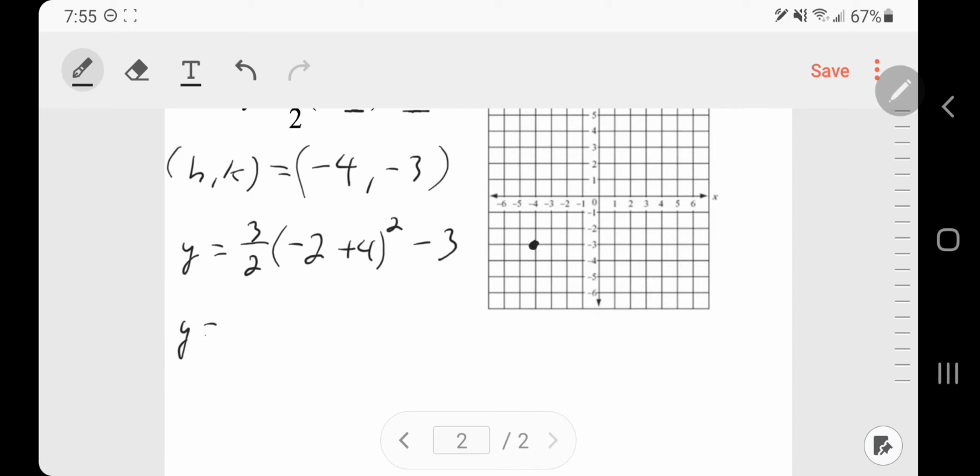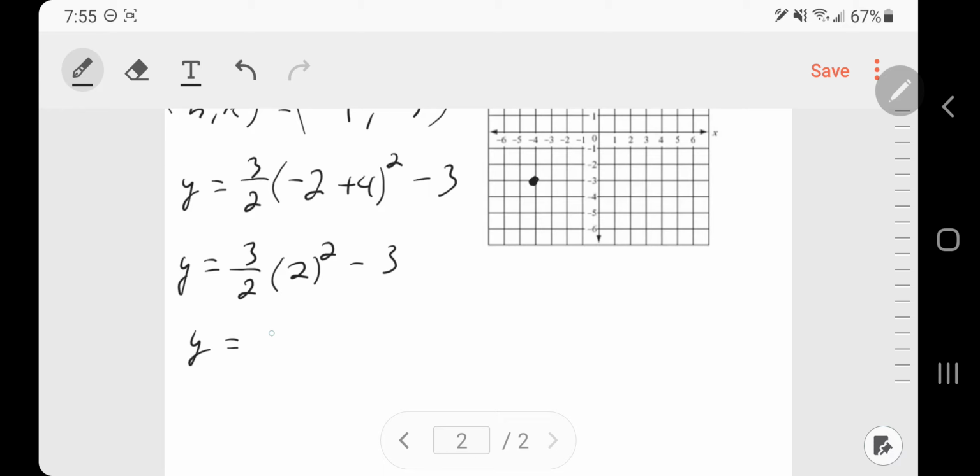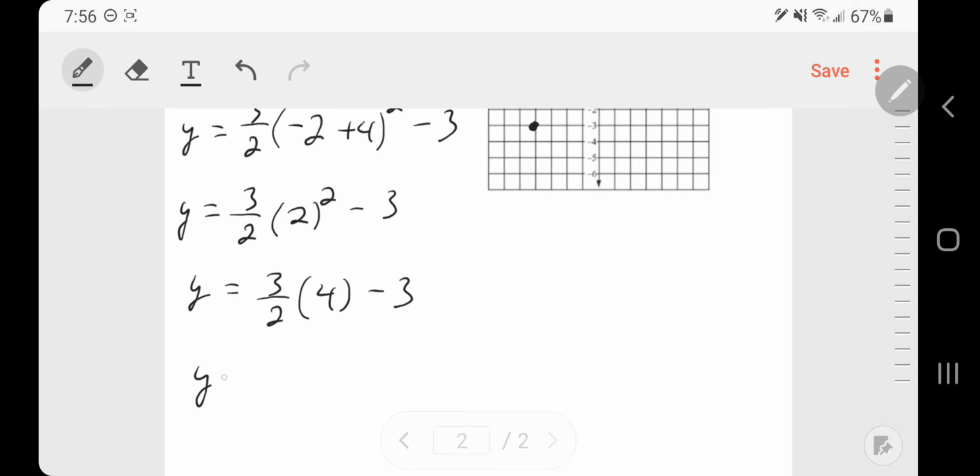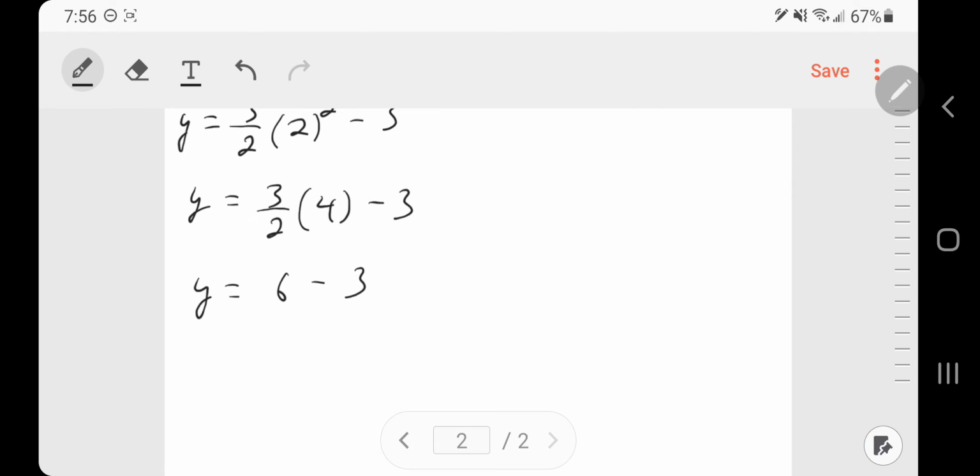All right, y equals 3/2 times (-2 plus 4 is 2) squared minus 3. y equals 3/2 times 4 minus 3, and we get y equals 4 times 3 is 12, 12 divided by 2 is 6, minus 3, and our y would be 3 here.